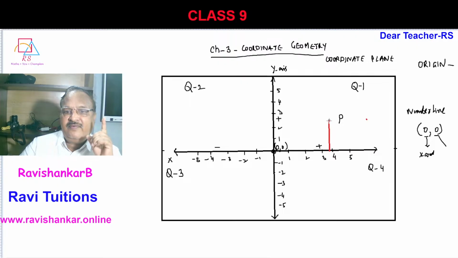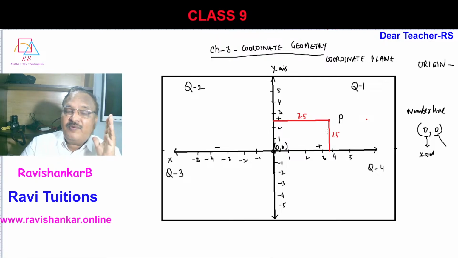If you draw like this, you will get like this. The horizontal distance is always measured from the horizontal axis. Because it is coming in between 3 and 4, I will write 3.5. The vertical distance is always taken from the y-axis. It is equal to 2.5.